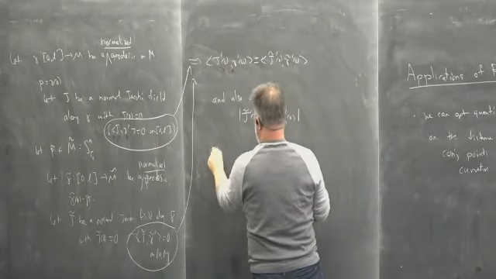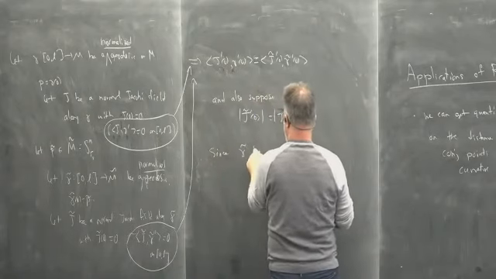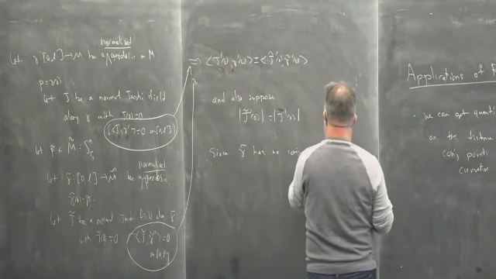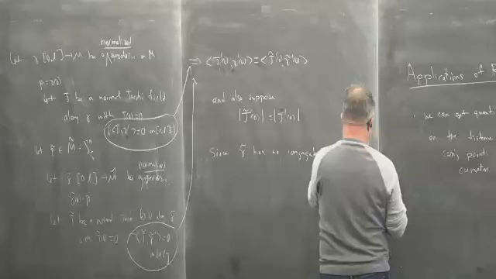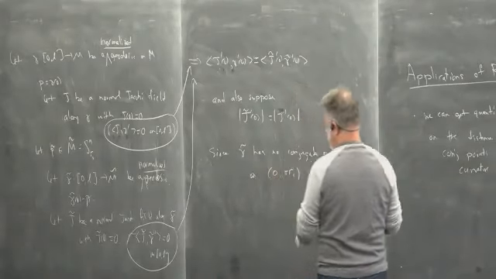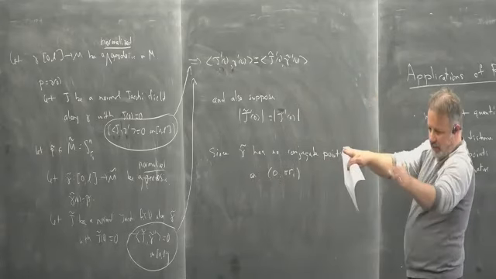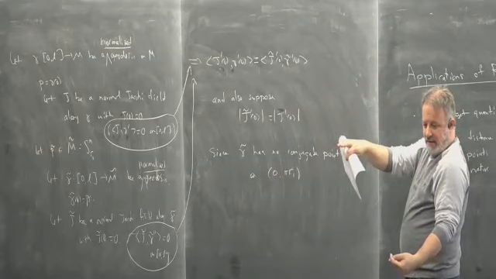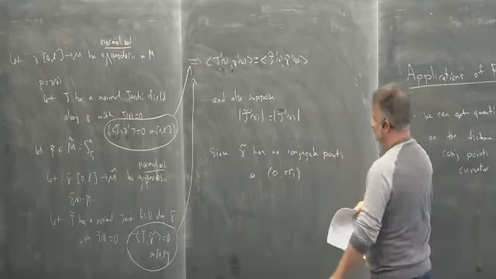Now, since gamma tilde has no conjugate points on 0 to pi r1, because it's a sphere of radius r1, we know that the distance between any two consecutive conjugate points is exactly pi r1.